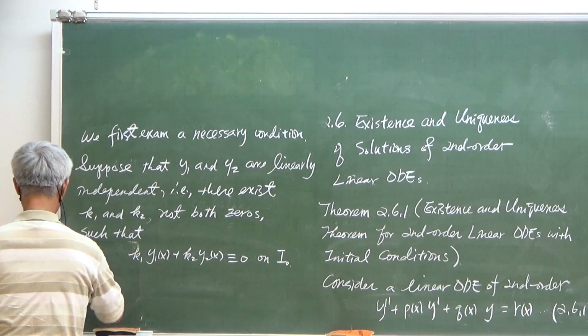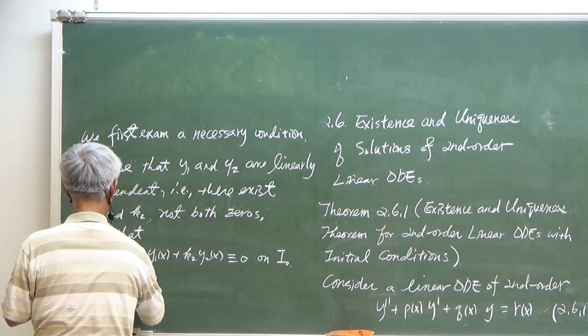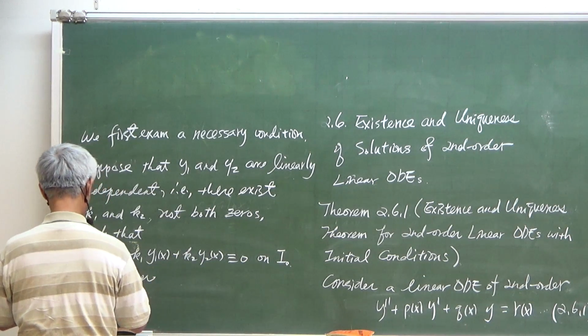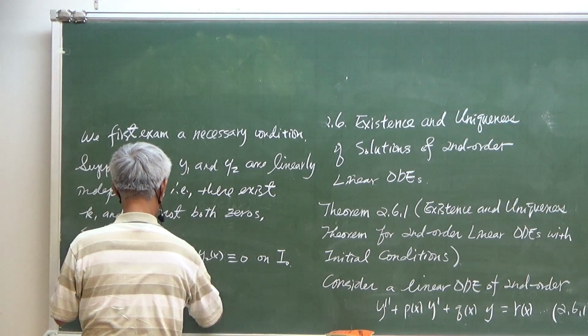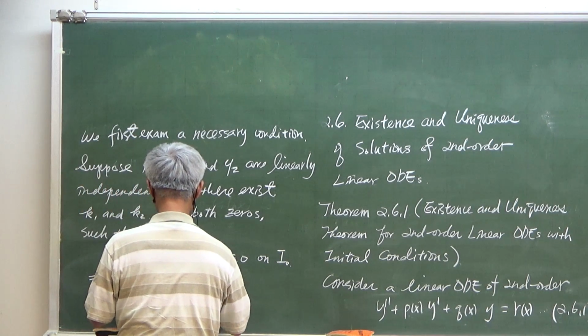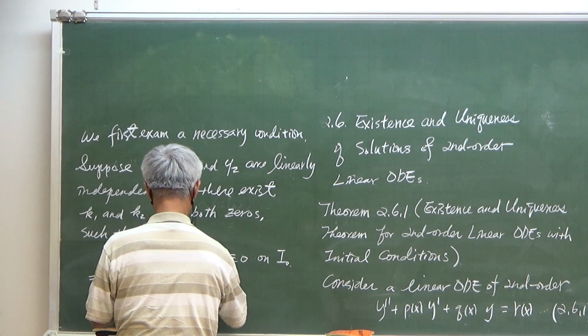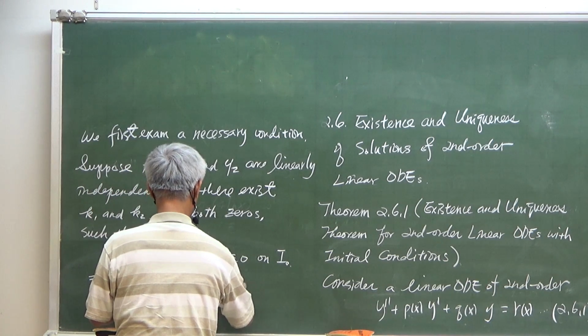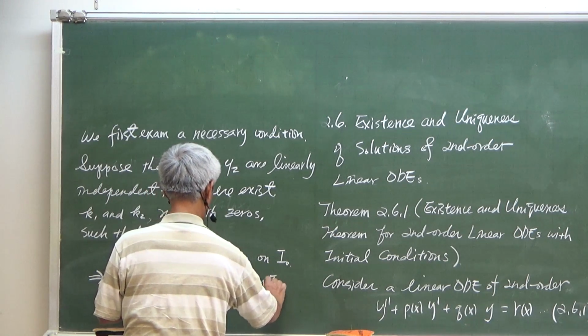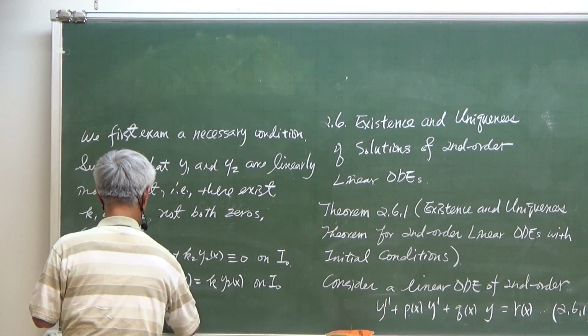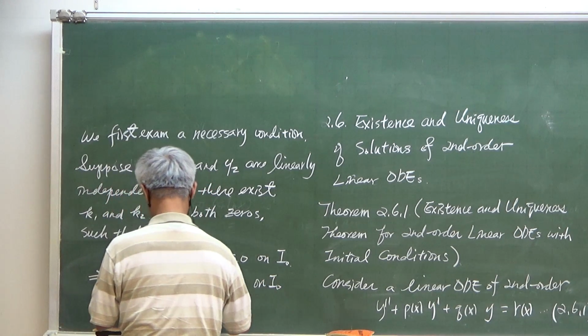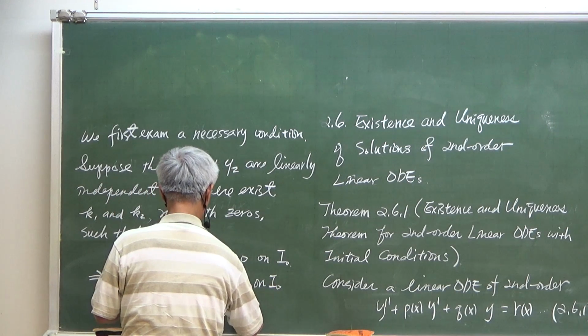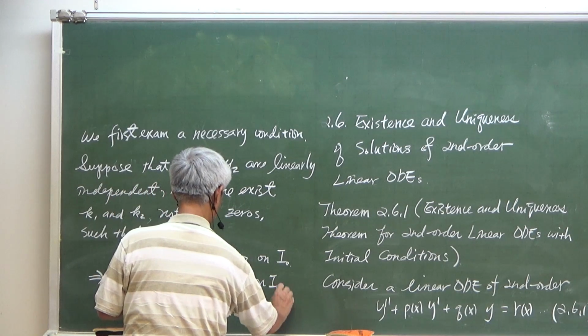So now, we have either y1(x) equals K y2(x) on I0, or y2(x) equals L y1(x) on I0.